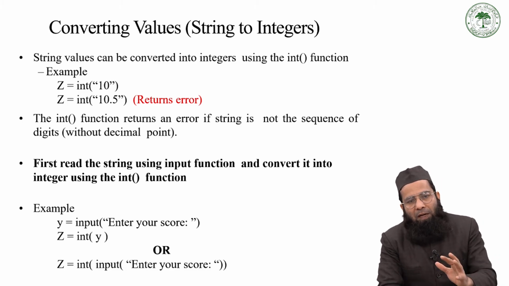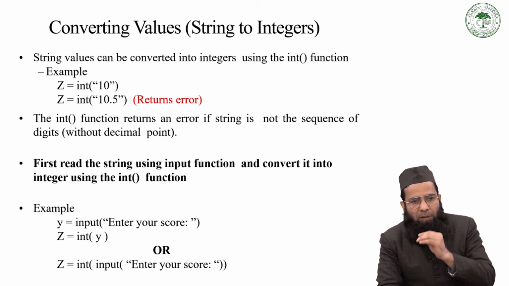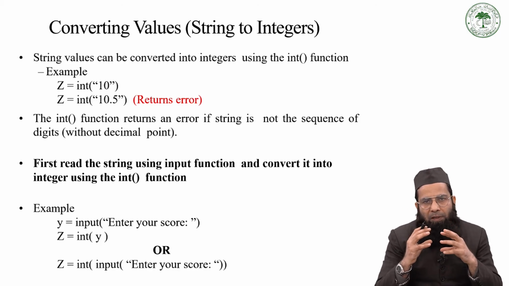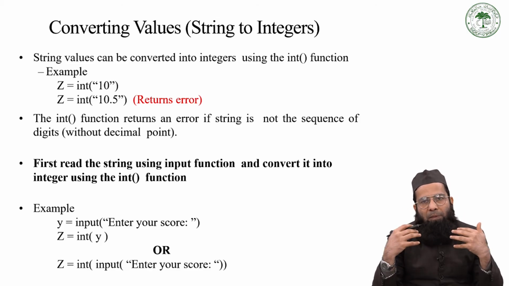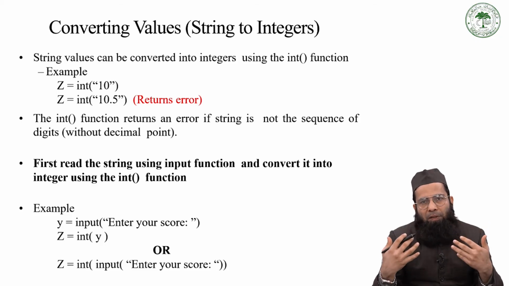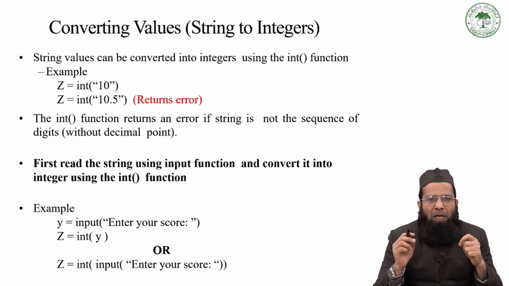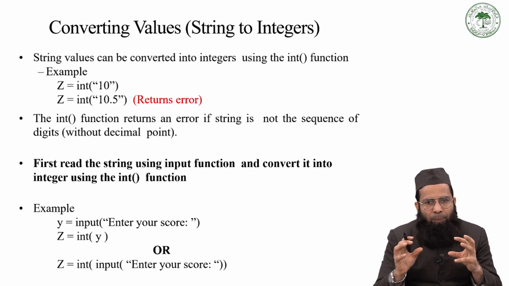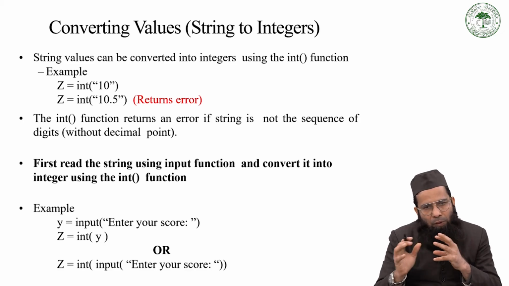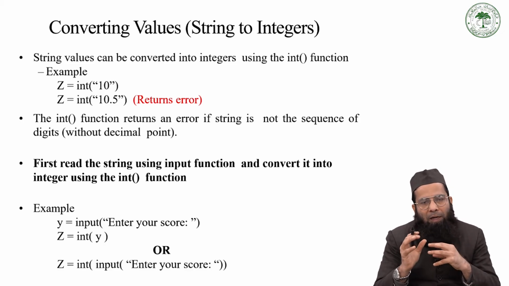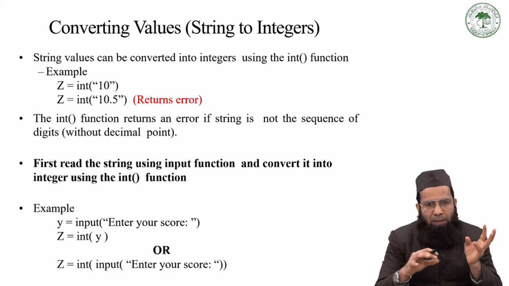How to convert a value from string to integer? Suppose you are trying to find out the average of 5 numbers which are being supplied by the user. But as far as the input function is concerned, input actually takes string values only. So to take a numeric value or integer value, you need to typecast it.